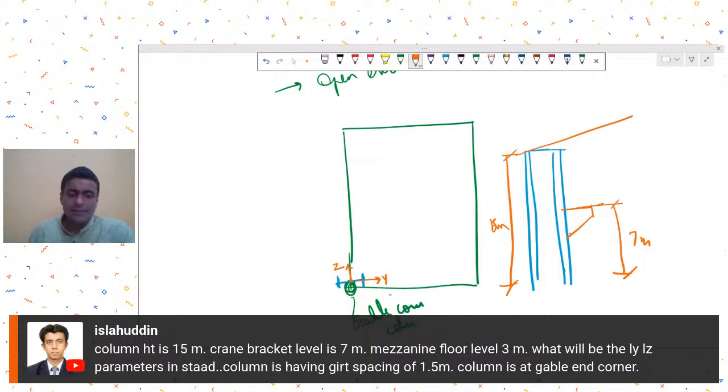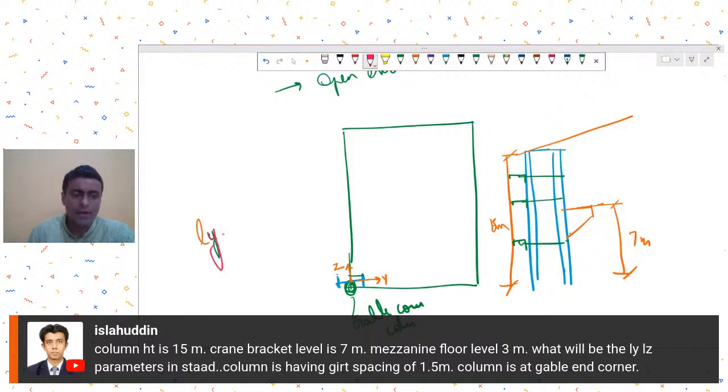So he's asking what are the effective lengths that we should take. And then there are girts also. So you have girts, and I'm assuming that these girts do have flange braces, so that the other portion of this flange is also connected by that flange brace. So his question is, what is the LY I should take?